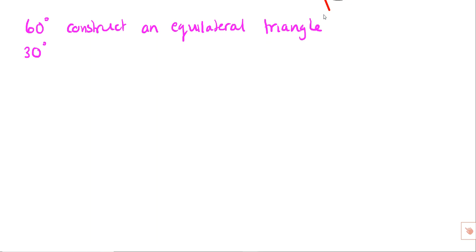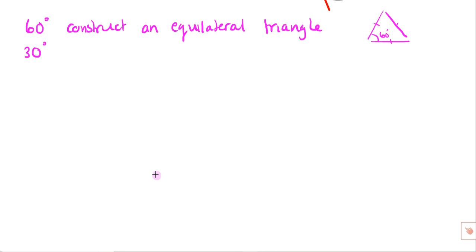Because in the equilateral triangle, all sides are the same and all angles are the same. So if I construct an equilateral triangle, I will get an angle of 60. Now it's very important that you realise that all the sides are the same length, and that's what we use. So this is the method, if you'd like to follow me through now.